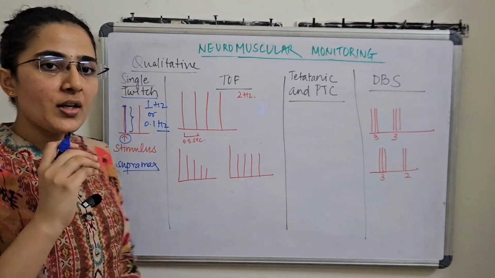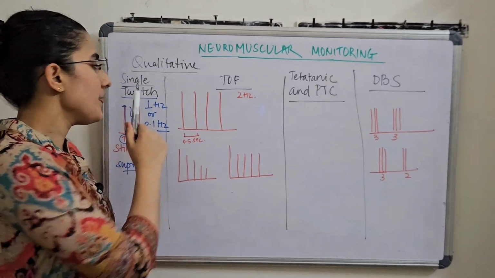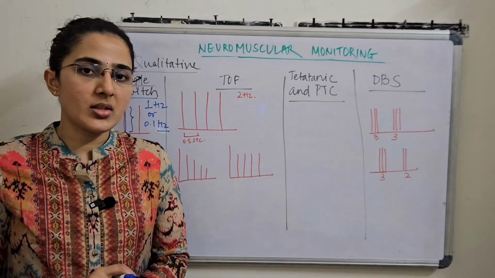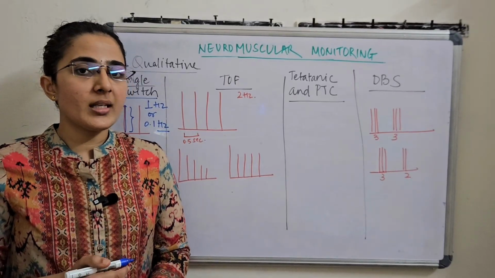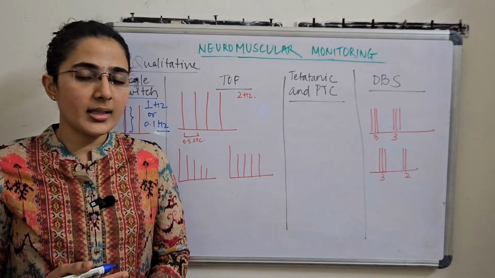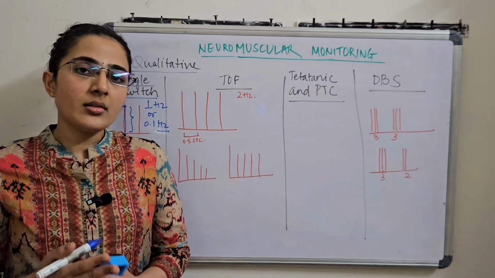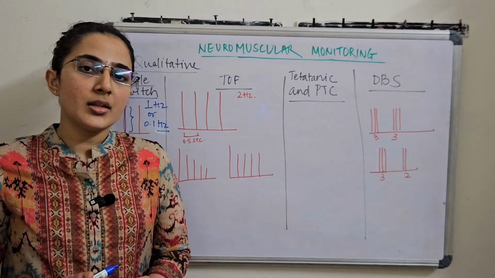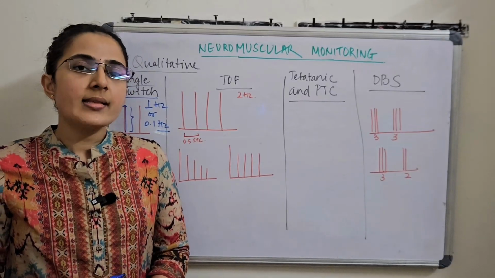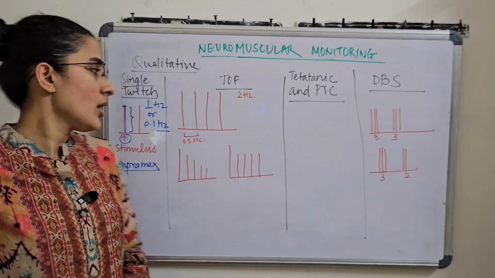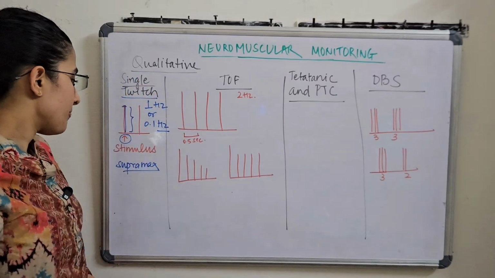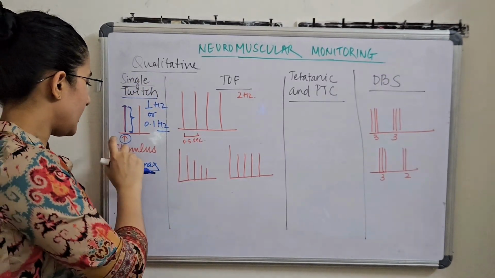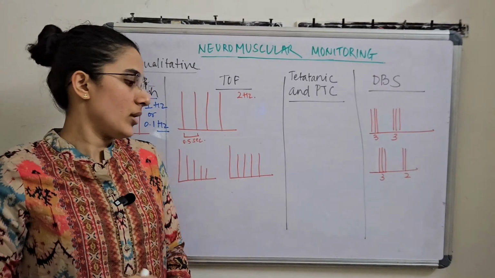But the disadvantages of the single twitch are that it cannot differentiate between a depolarizing or a non-depolarizing muscle relaxant, and it also cannot tell us about the reversal from the neuromuscular blocking agent. So it is just used to determine the supramaximal stimulus. The height or amplitude is basically recorded with the help of the supramaximal stimulus.